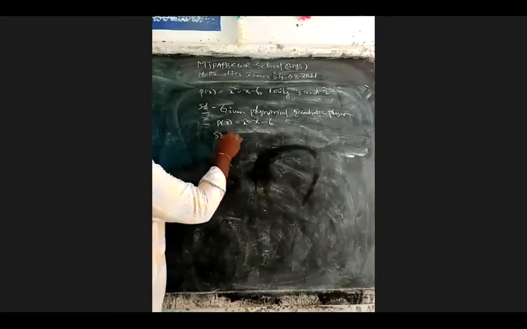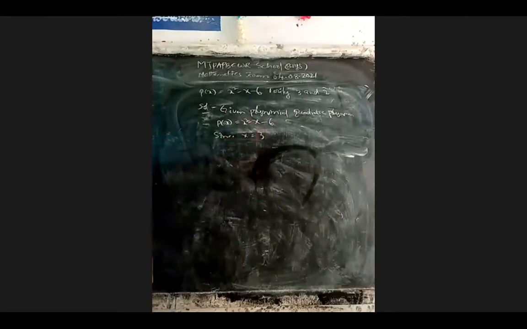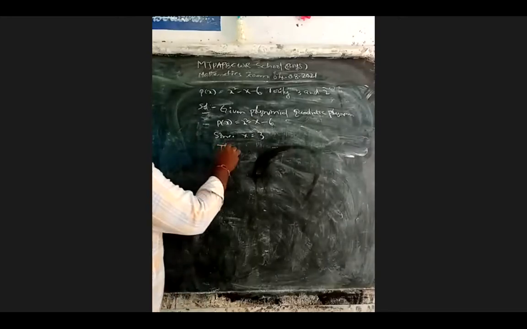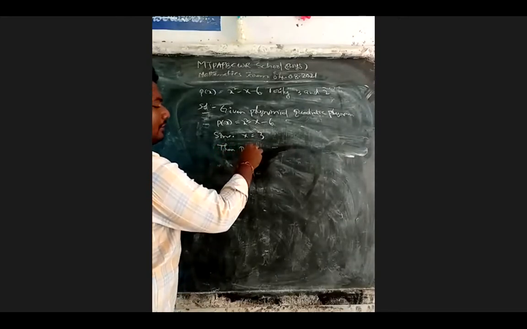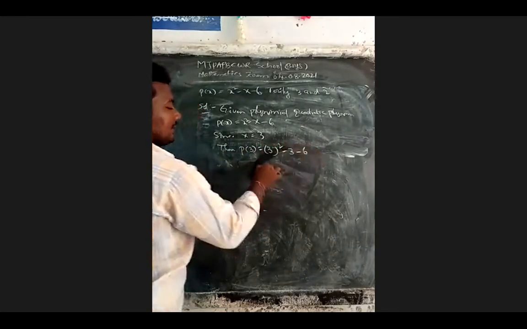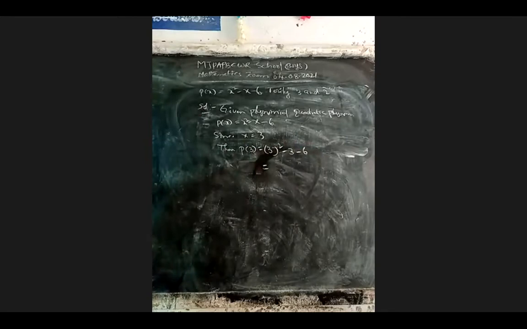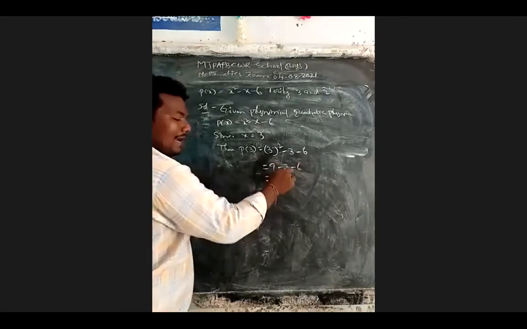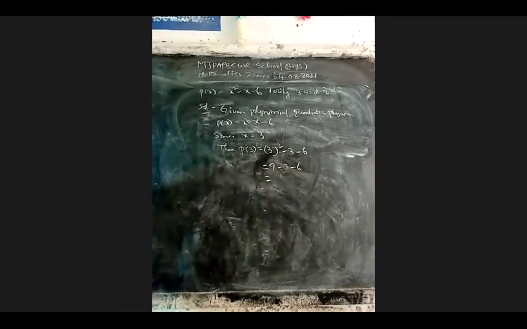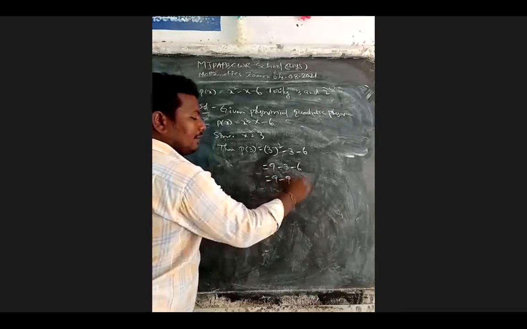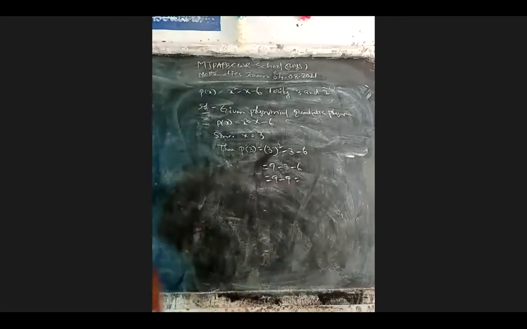Since x equals 3, then p of 3 equals 3 square minus 3 minus 6. 3 square is 9. Minus 3 minus 6 is minus 9. 9 minus 9 is 0, sir.